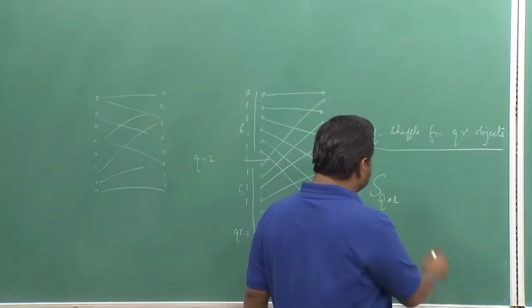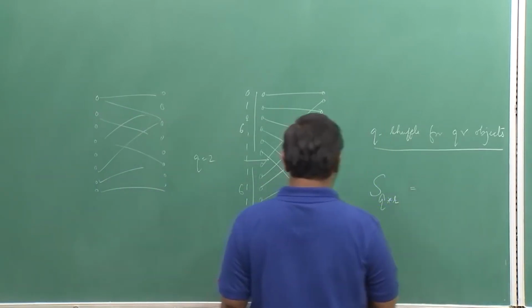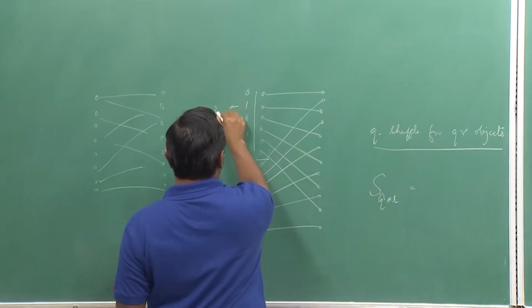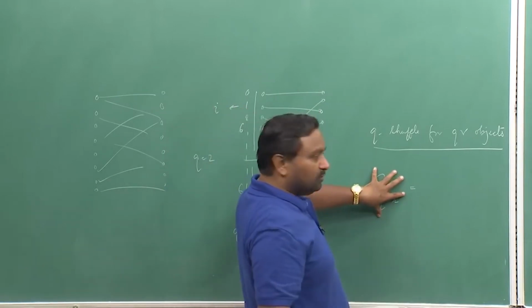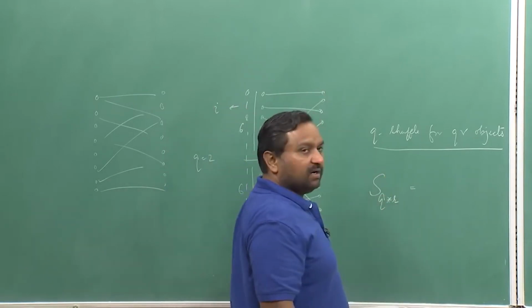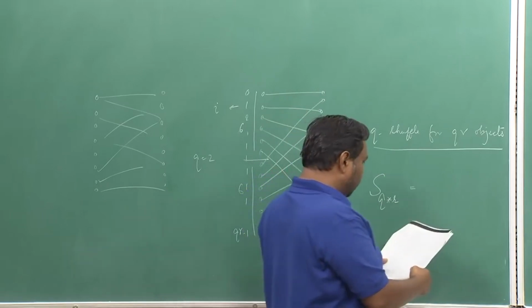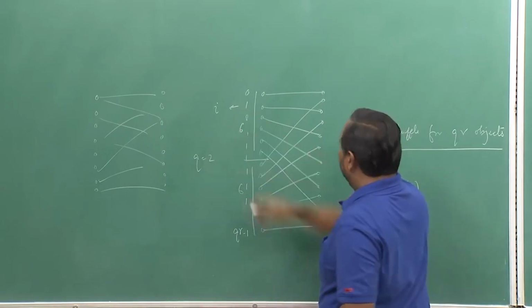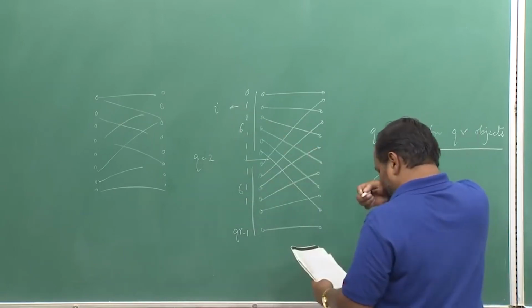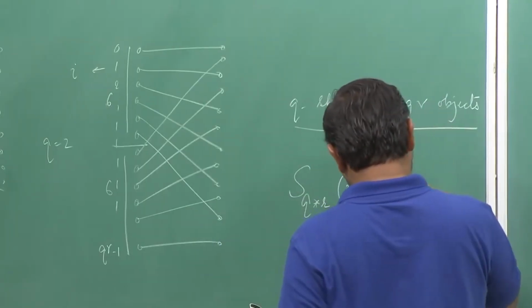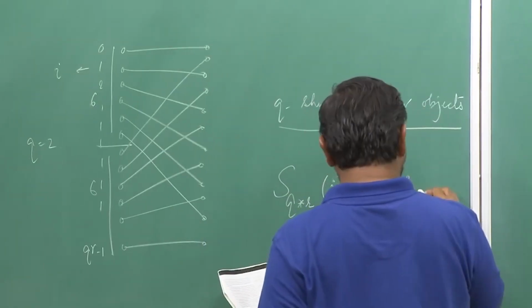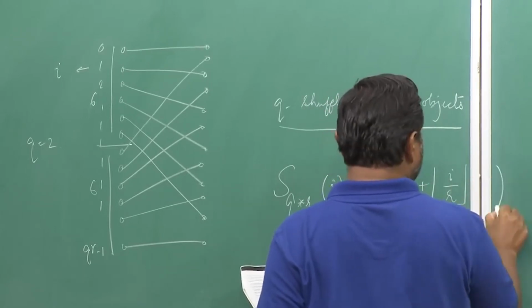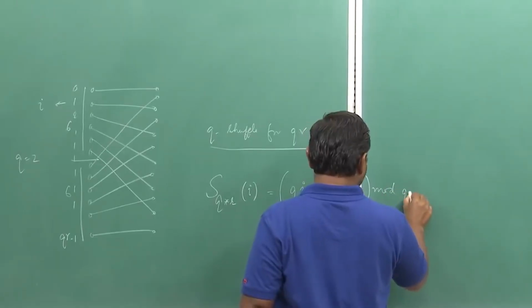I can define this shuffled pattern. For any given input identity I, which will be my input, I will be able to get S_QR of I, which is the index number on the output side. So we can define S_QR as a function of the input index I, which gives me QI plus floor of I over R, mod QR.